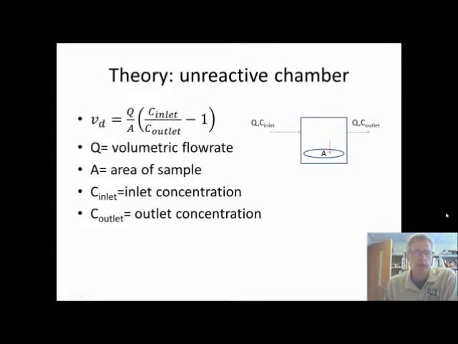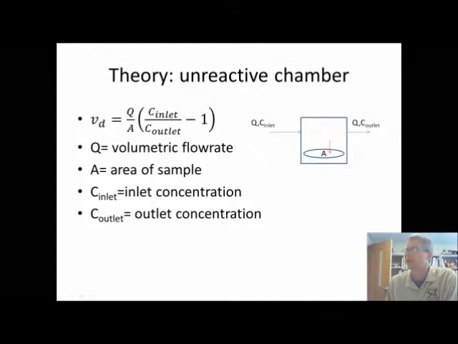The way you calculate a deposition velocity at any given point is by taking the inlet concentration and outlet concentration and putting them into an equation like this. I won't go into the derivation here, but just note that the volumetric flow rate and the area of the sample come into it.